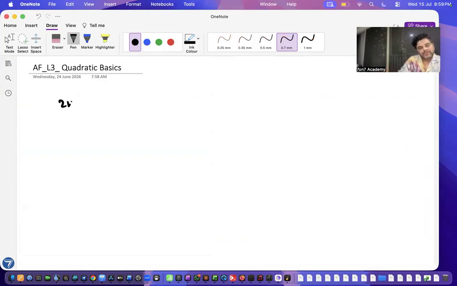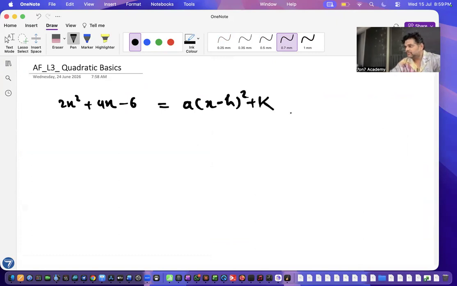Can you change 2x square plus 4x minus 6 to completing square form, a x minus h whole square plus k? So you first take 2 common, or you can always do minus b upon 2a.